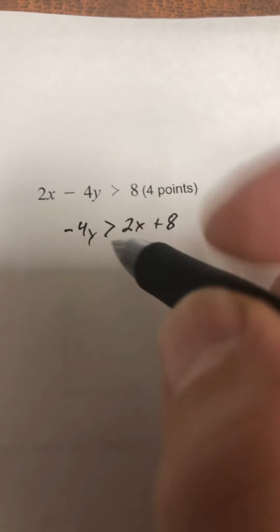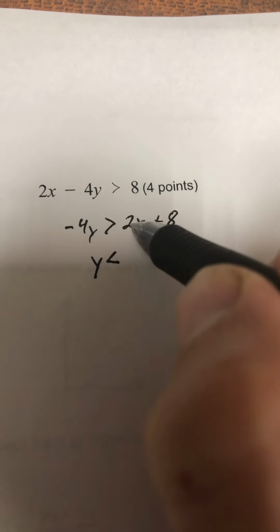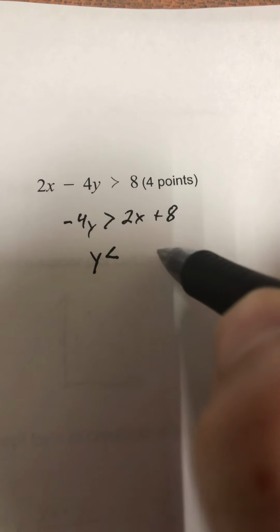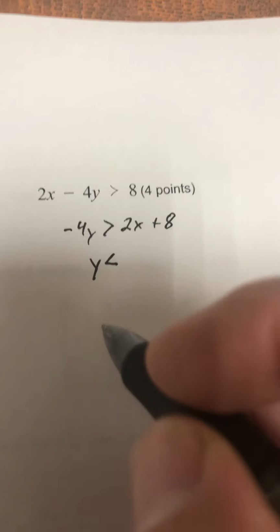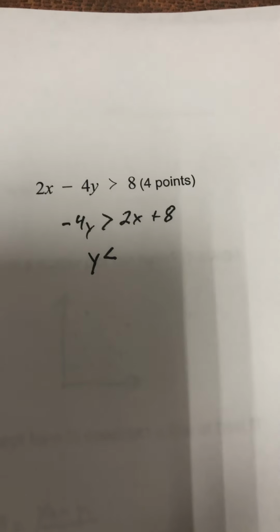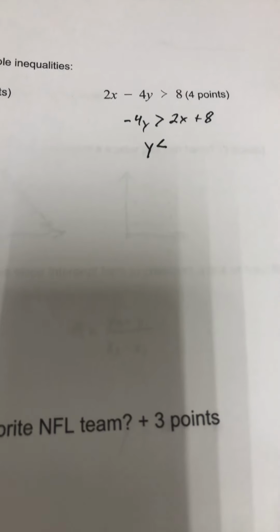So it's going to be y is less than 2 divided by negative 4 times x, and then 8 divided by negative 4, whatever that is. That's going to be your y-intercept, and that's going to be your slope. So go ahead and draw that out on an x and y coordinate plane.